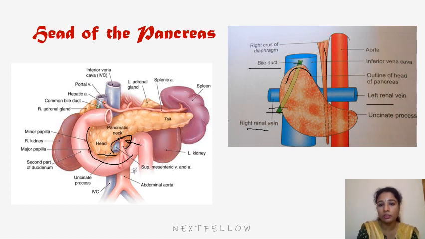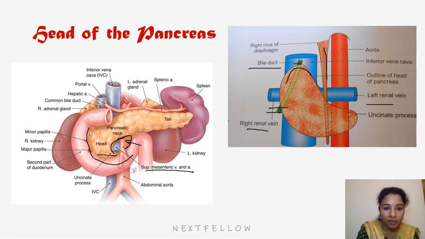right crus of the diaphragm is also related, and the uncinate process posteriorly is related to the abdominal aorta and crus of the diaphragm. So superior mesenteric artery and vein are related anterior to the uncinate process. So here in this image you can see superior mesenteric vein and artery.